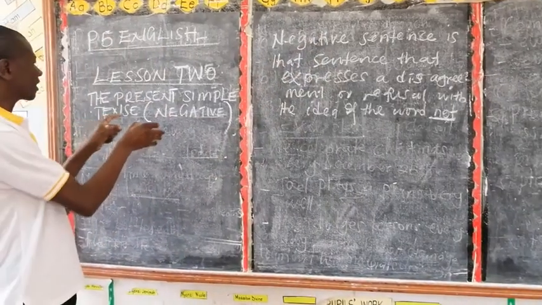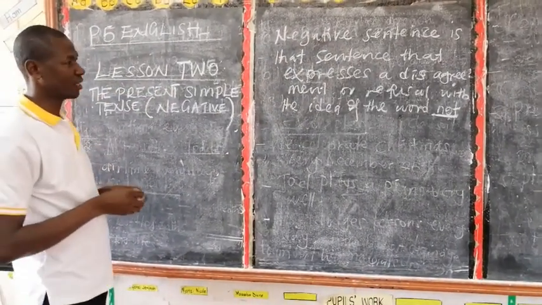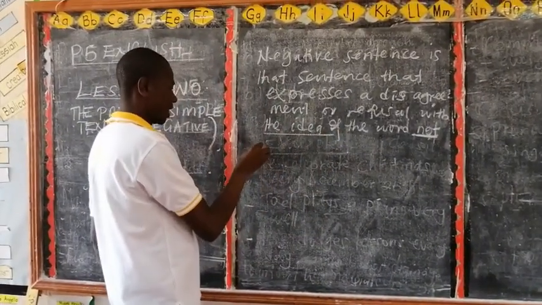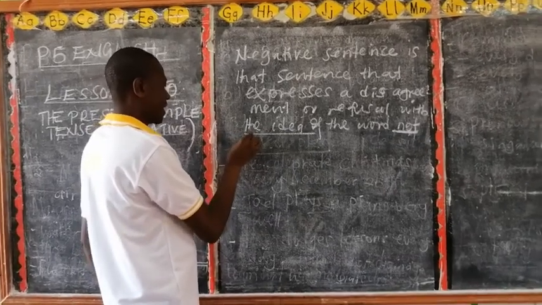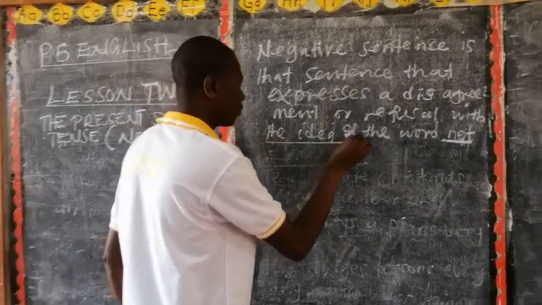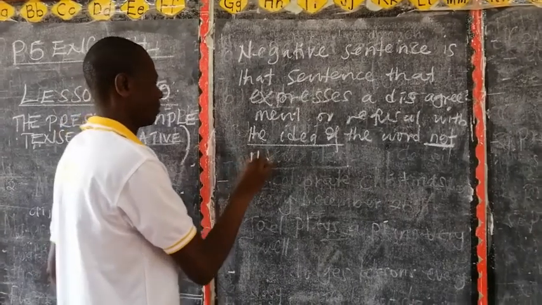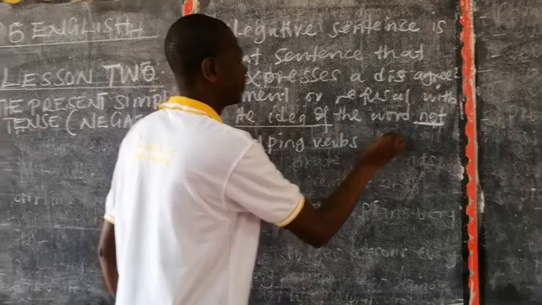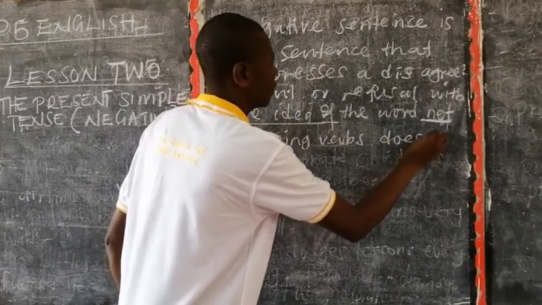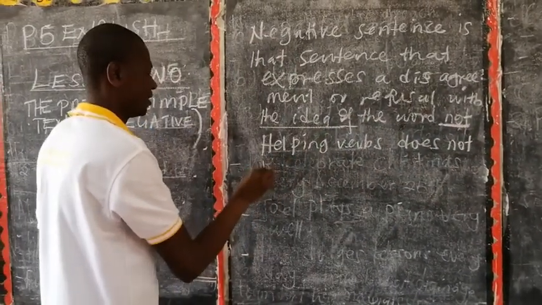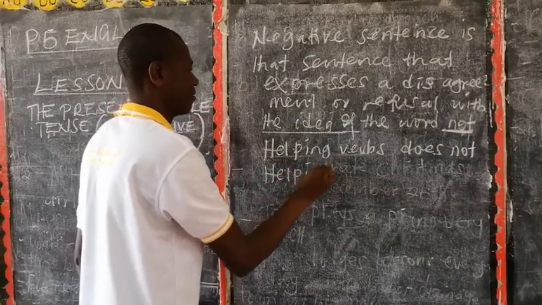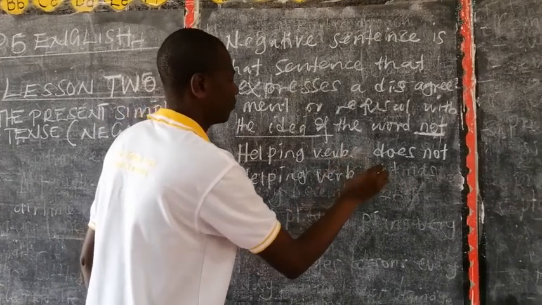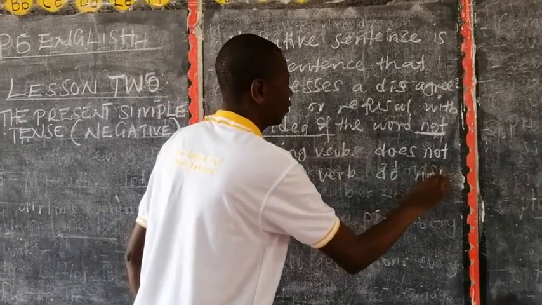So let's look at the negative sentences in the present simple tense. In present simple tense negative, we commonly use helping verbs. Helping verb does not, and then helping verb do not.